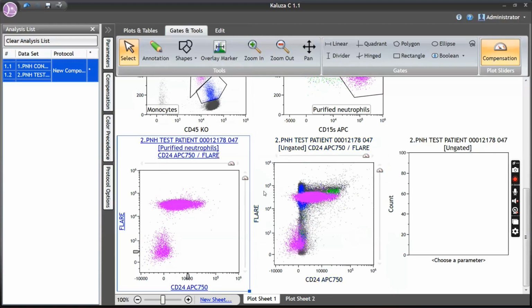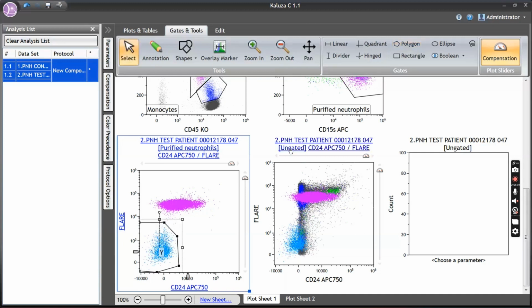So now you find that the neutrophil population is splitting into two in contrast to the last case, right? So you're finding a population which is negative for CD24 and FLAER. Okay.